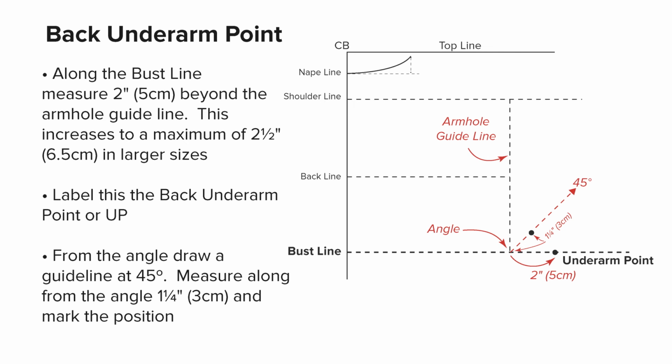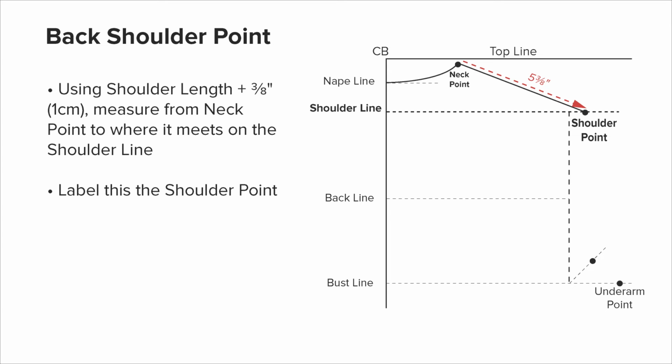At the angle made by the armhole guide and the bust line, draw a guideline at 45 degrees and measure along 1 1/4 inches, 3 centimetres, a little less for small sizes, and up to 1 5/8 inch, 4 centimetres for larger sizes.